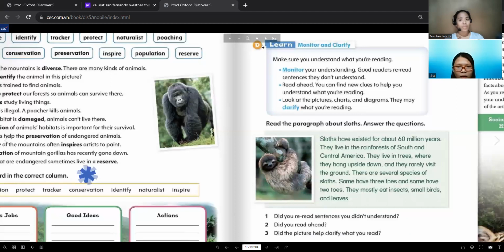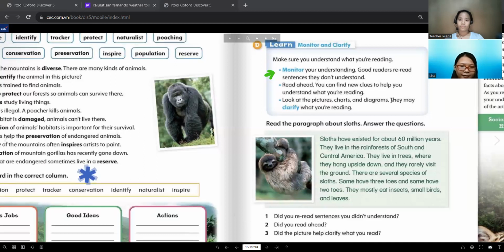Here, you have to make sure you understand what you're reading. These are guides. The first one is to monitor. Can you read? Monitor your understanding. Good readers reread sentences they don't understand. Read ahead. You can find new clues to help you understand what you're reading. Look at pictures, charts, and diagrams.